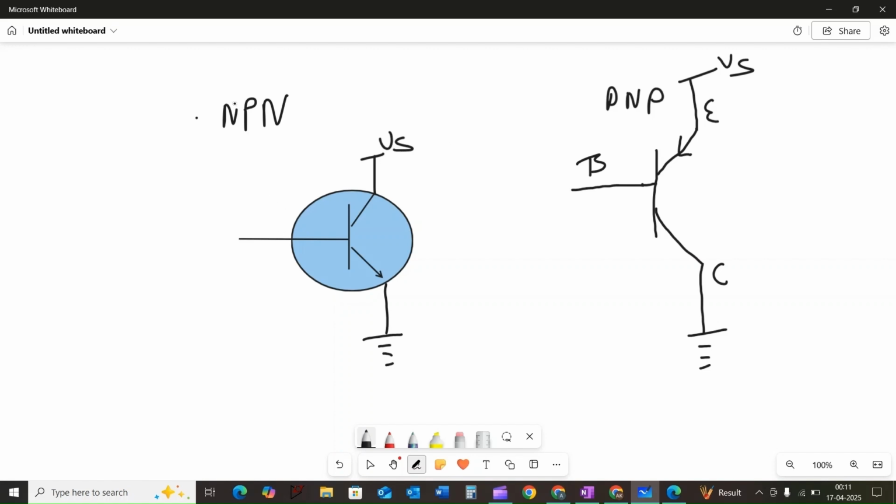The base of an NPN transistor is typically connected to the positive voltage source, while the PNP transistor base is connected to the ground.